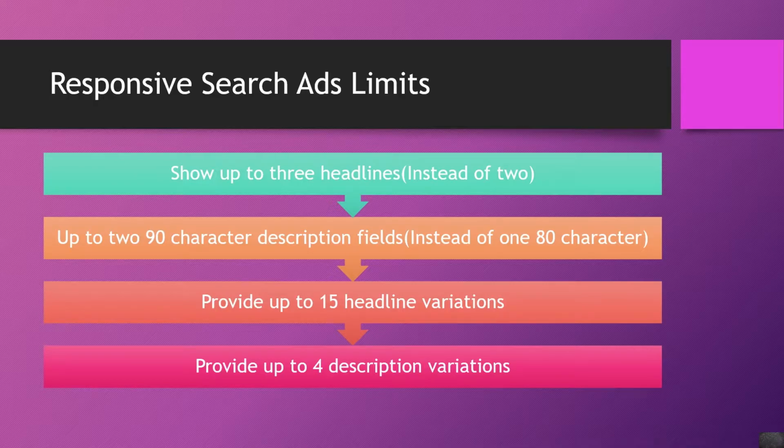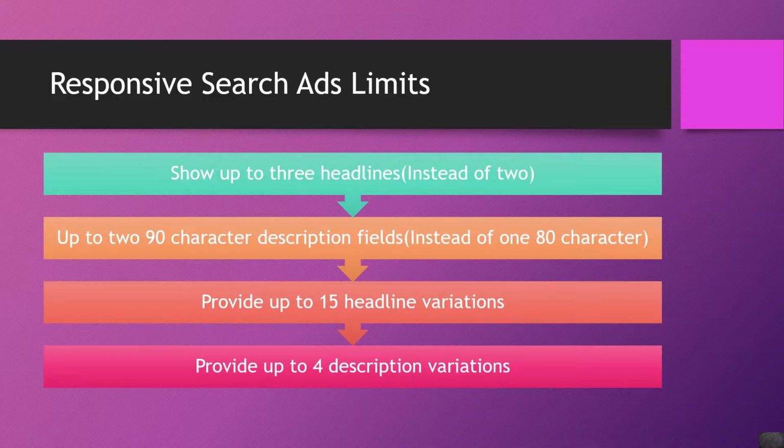You are also able to display up to two 90-character description fields instead of only one 80-character description. That basically gives you more opportunity to talk about your product service. You are able to promote your brand much more effectively because you can give additional information about your brand or business.